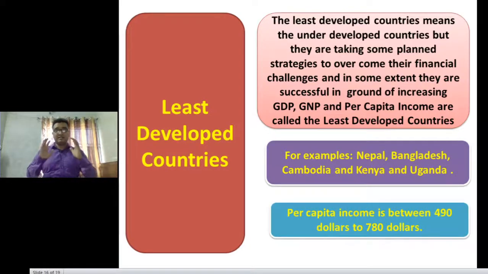So this is the last information regarding the least developed countries, that is per capita income is between $490 to $780. Dear students, we are developing countries. Okay, we are not the least developed countries because we have been increasing our per capita income every year.